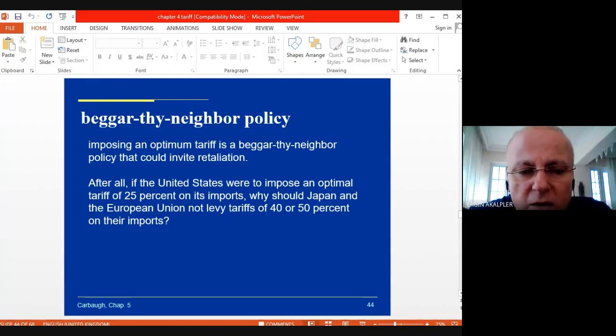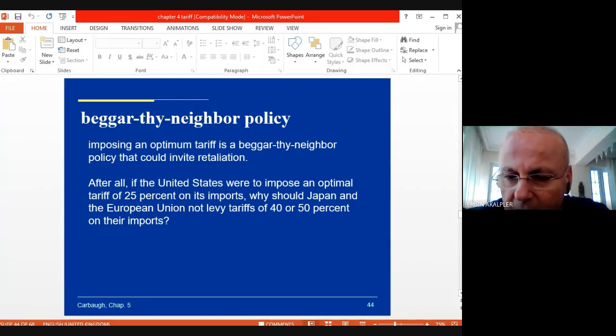After all, if the United States were to impose an optimal tariff of 25% on its imports, why should Japan or the European Union not levy a tariff of 40 or 50 or 25%? This is the problem, because as you increase your tariff and prevent international trade access to your country, similar will be realized for your product, isn't it?